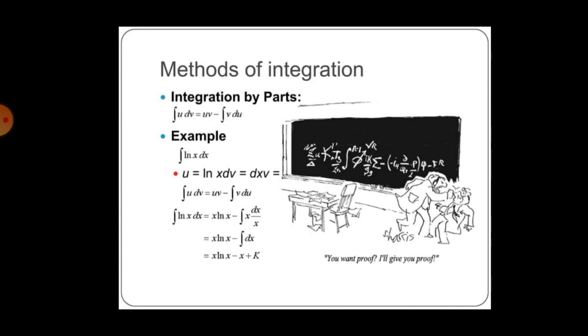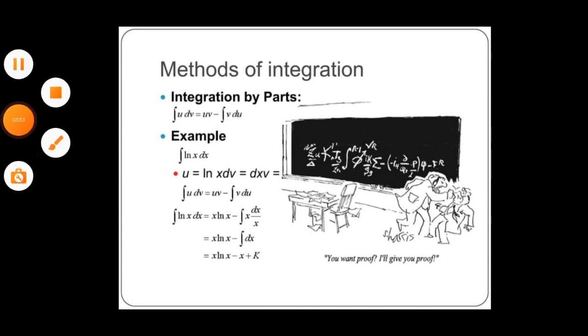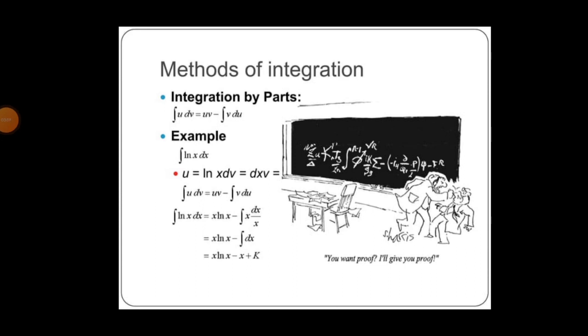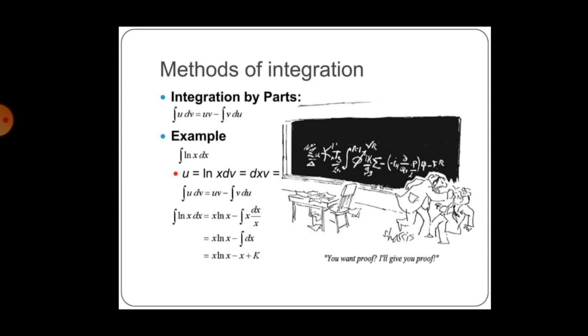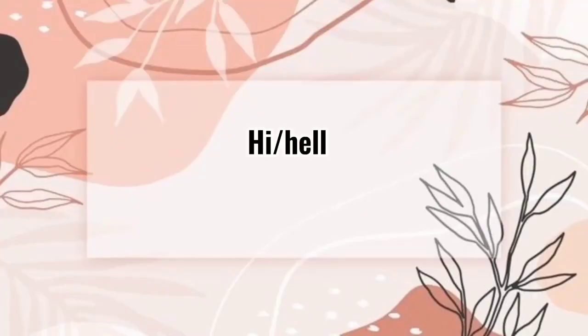Integral ln x dx is equal to x ln x minus integral x dx over x, which is x ln x minus integral dx, so that would be now x ln x minus x plus k.